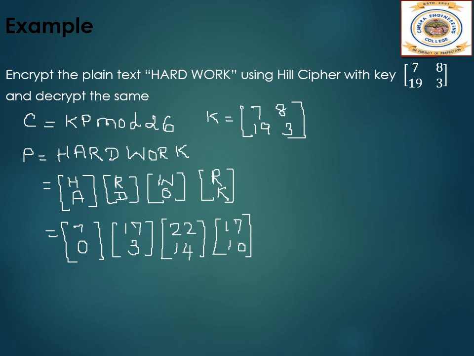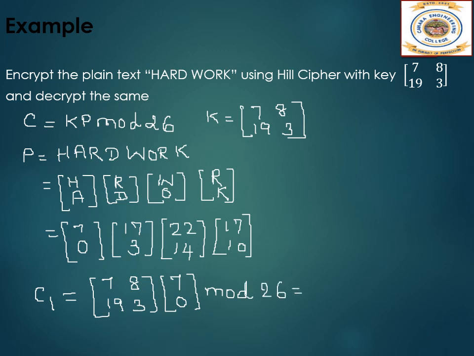So let us start with the encryption process. So the first one, I'll write it as C1 equal to, so let us take the key, that is Kp mod 26. So key is equal to 7, 8, 19, 3 and here it is P. P is H and A, so 7 and 0, mod 26 is equal to, now we have to multiply the K matrix and the P matrix.